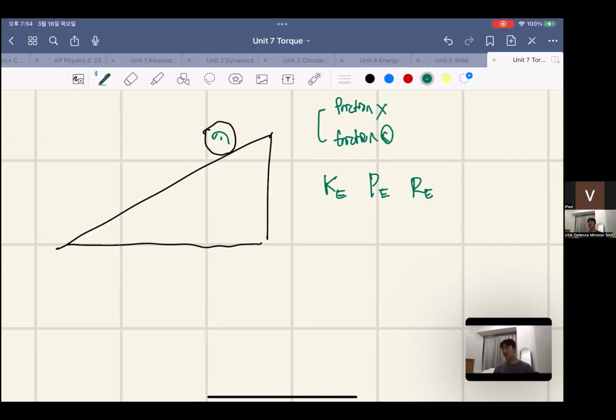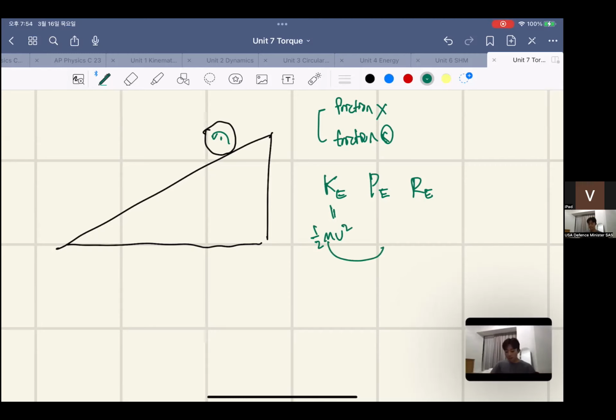Again, if you're confused in angular kinematics, then try to find parallels with linear kinematics. And in linear kinematics, the kinetic energy was equal to 1/2 mv squared.